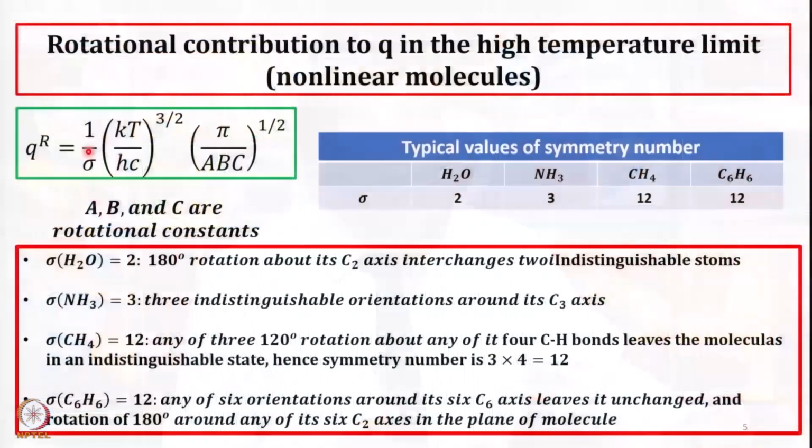For example, let's consider water. Water is a bent molecule, H O H. Now if I rotate water around this axis, it interchanges the 2 atoms.